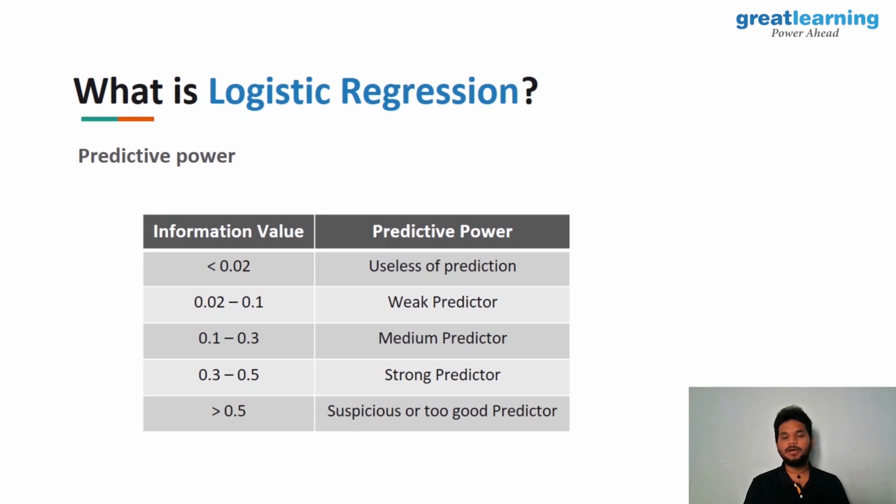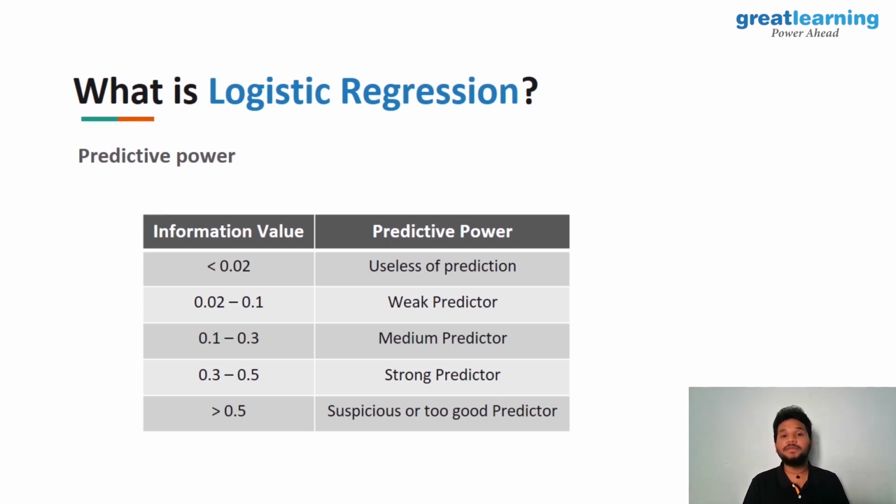Now, since we're talking about 0 to 1, you have to know something called predictive power, which is an important concept here. Let's say the value that you obtain is around 0.02 or less; it means there is a 2% chance of something occurring, so your prediction is not helpful. It is almost like saying it will not occur.